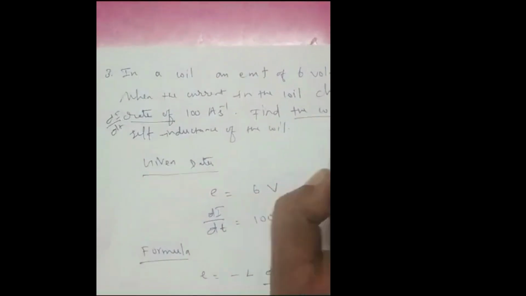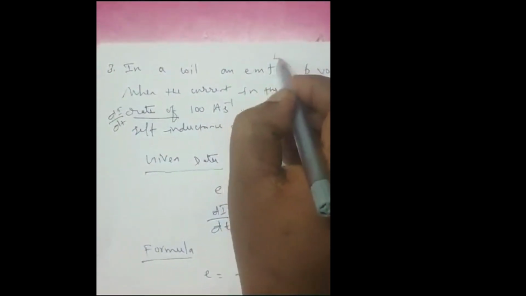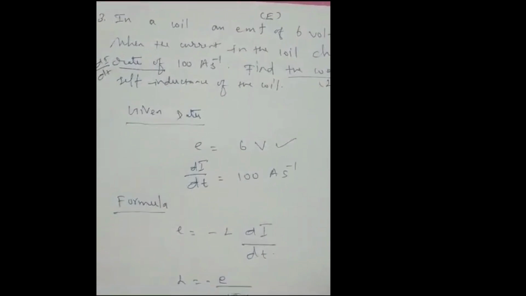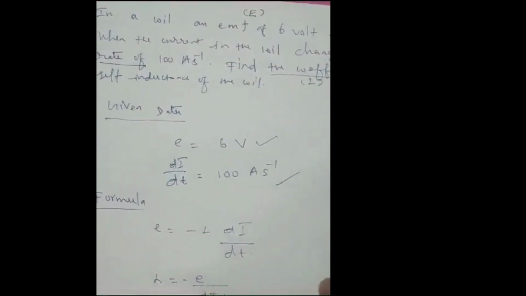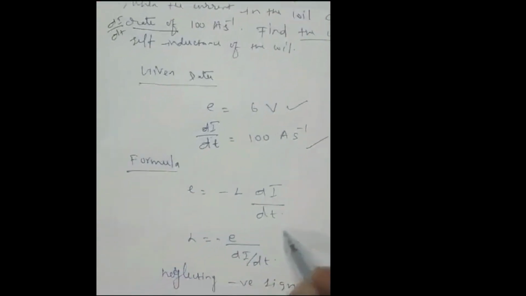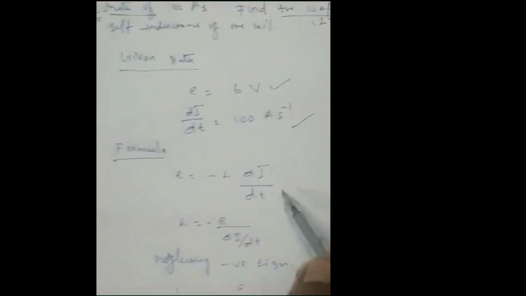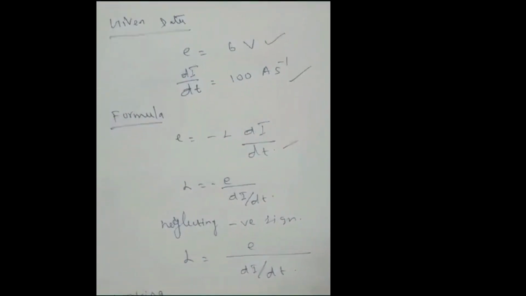So now you find L. That is given in the problem. So given data: EMF 6 volt, its rate is 100 A s power minus 1. Already I discussed the relation between the potential and the rate, so E is equal to minus L di by dt.